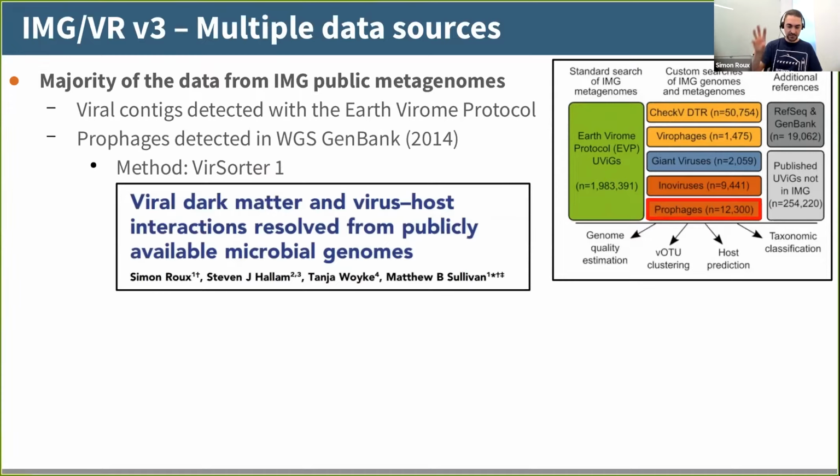Then we try to add some relevant datasets. Like Joanne was saying, you try to add to your database as many sequences that could be useful as you can. So I will go through this quickly. The first extra dataset is a prophage dataset we published in 2014, where we mined GenBank data at that time for prophages using VirSorter1.